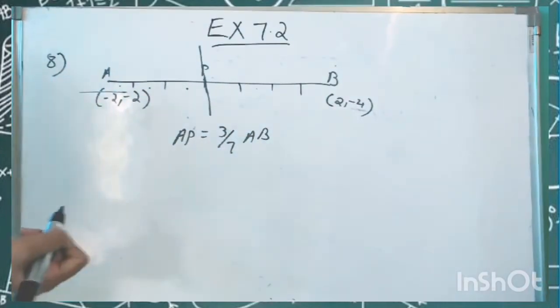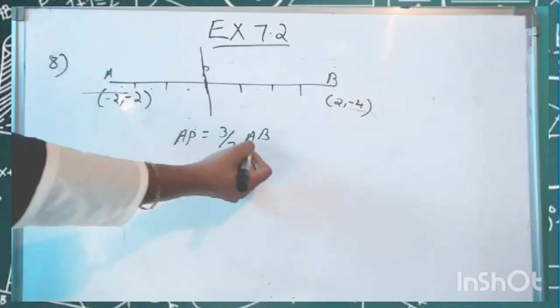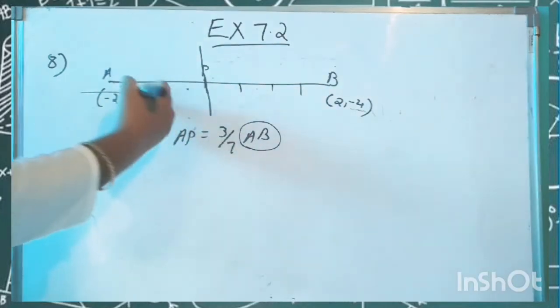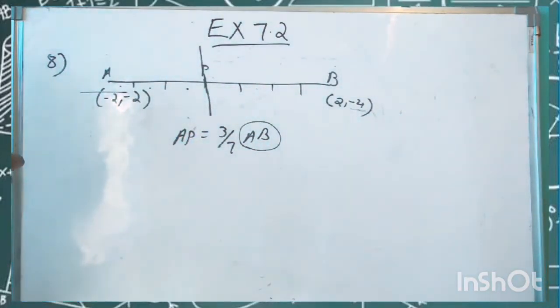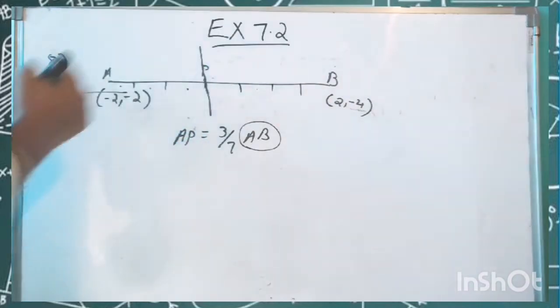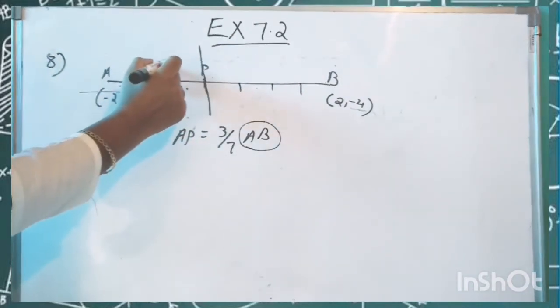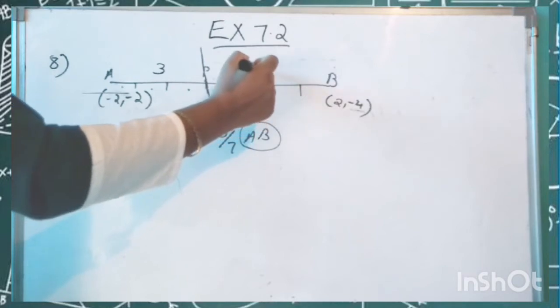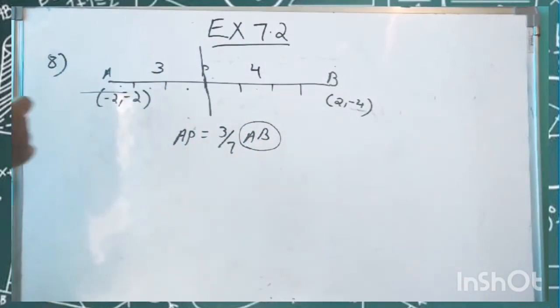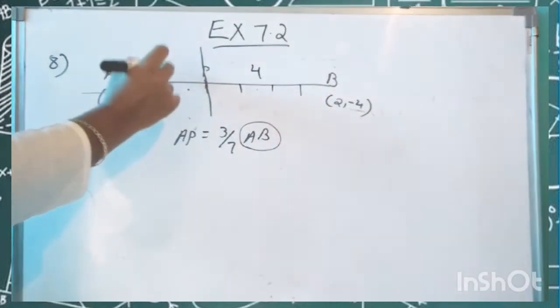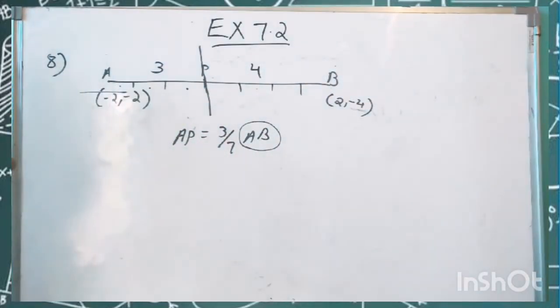AP is equal to 3 by 7 AB means if you divide your AB into 7 equal parts, then AP is the first 3 parts, and the remaining are 4 parts. That means P divides our line AB in the ratio 3:4.